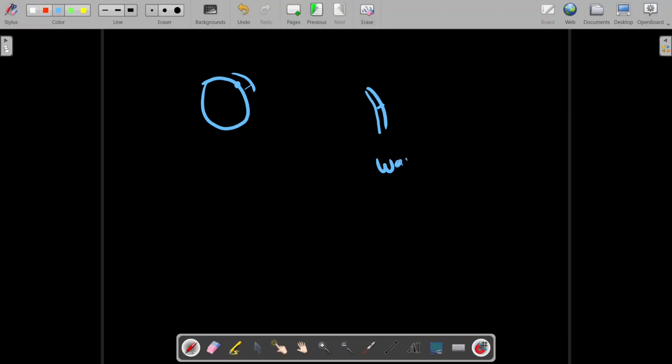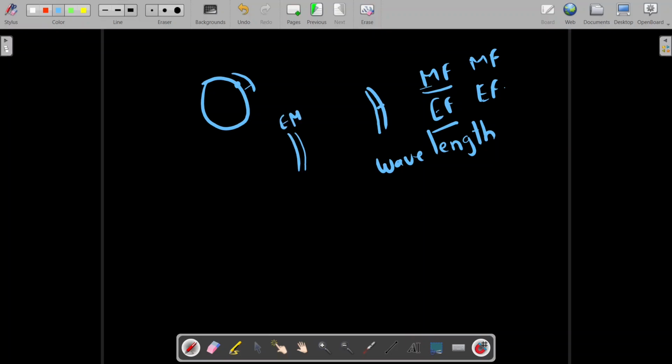This is called the wavelength, the length between two consecutive waves, either two magnetic fields or two electric fields, because however much speed the electric field goes, the magnetic field also goes. So for one cycle of that electric and magnetic, there won't be any change, but from one electric to another electric, there will be a time gap due to the speed.